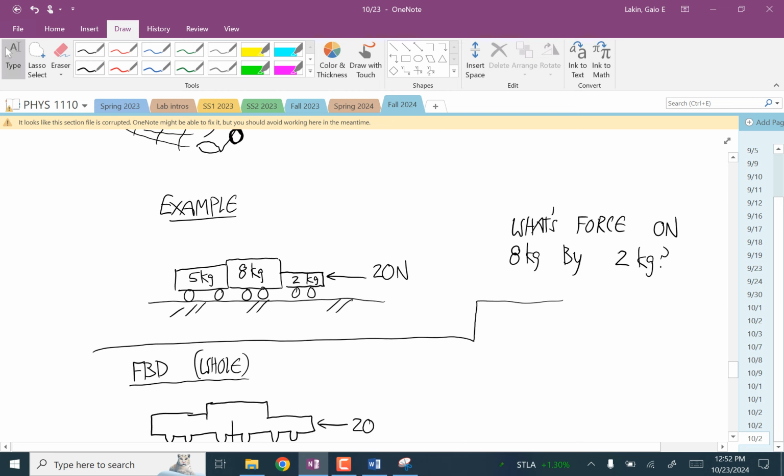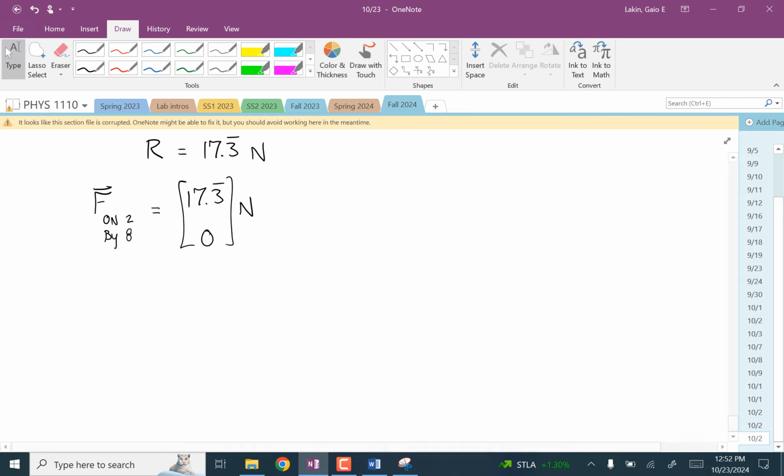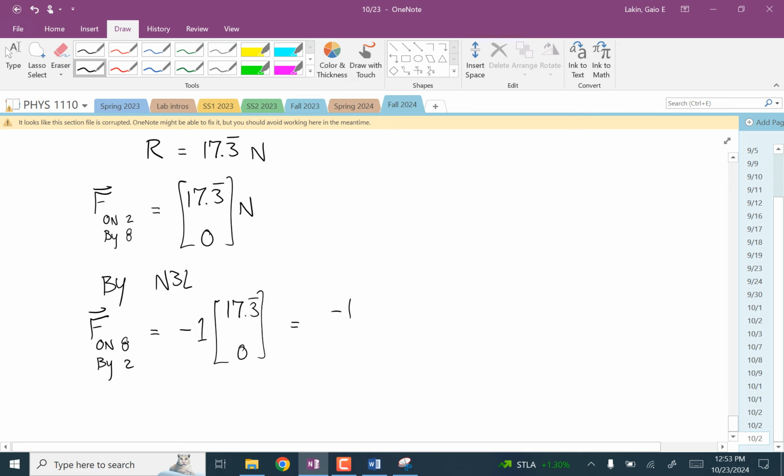The problem asked for the force on the 8 by the 2. So now, by Newton's third law, the force on the 8 by the 2 is just negative 1 times this vector. Or in other words, negative 17.3 repeating, 0.